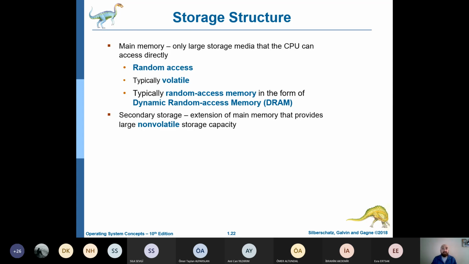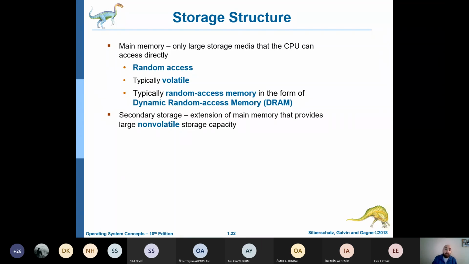This arrangement usually is not possible on most systems for two main reasons. The first one: main memory is usually too small to store all needed programs and data permanently. In today's world, we have more complex computer systems.